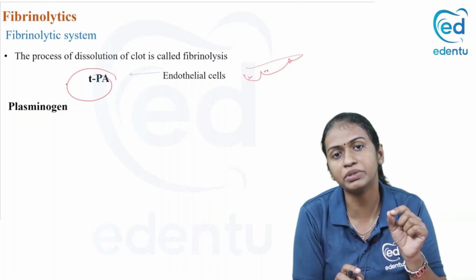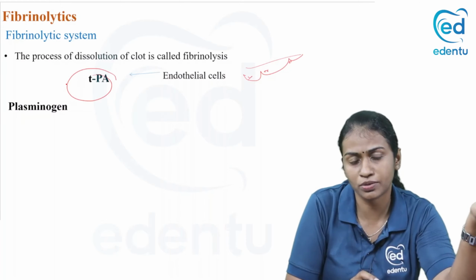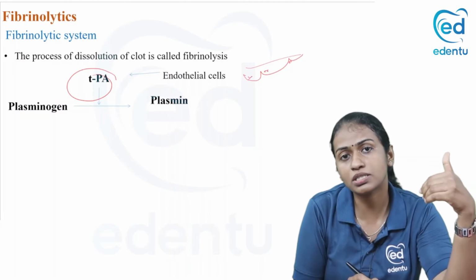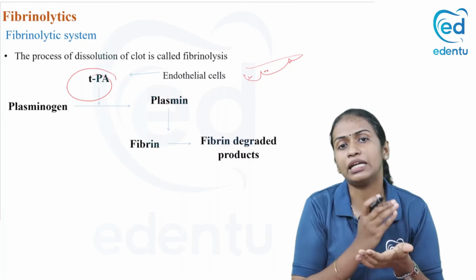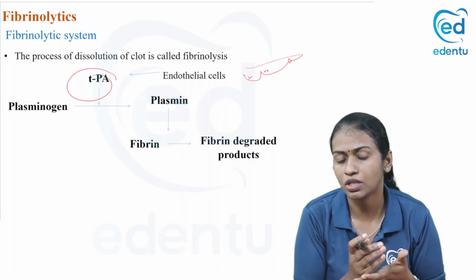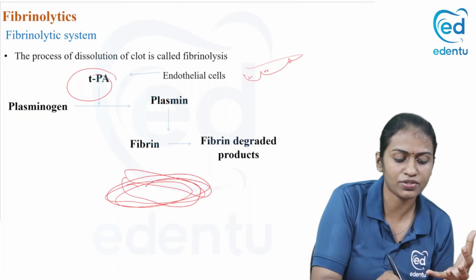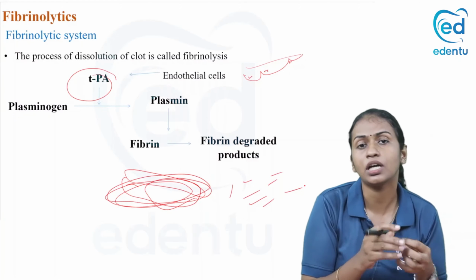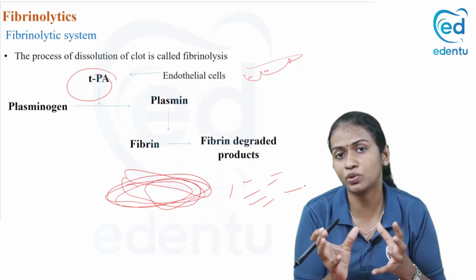As the term itself says, it activates plasminogen. So it converts plasminogen to plasmin. Now what does this plasmin do? It will cut the fibrin into fibrin degraded products. So without the base work of these fibrin strands, if the fibrin strand is cut into fibrin degraded products, the clot gets dissolved. So that is how normally fibrinolysis happens.